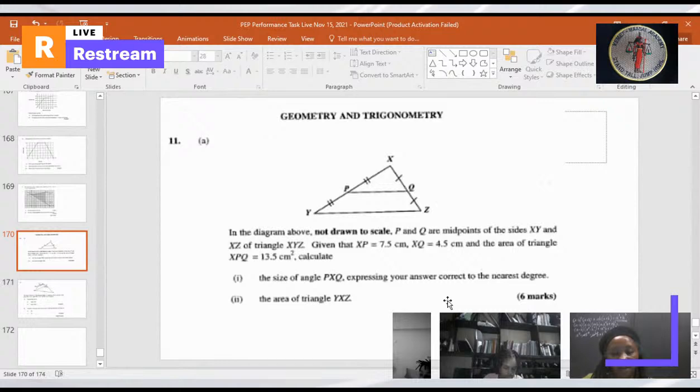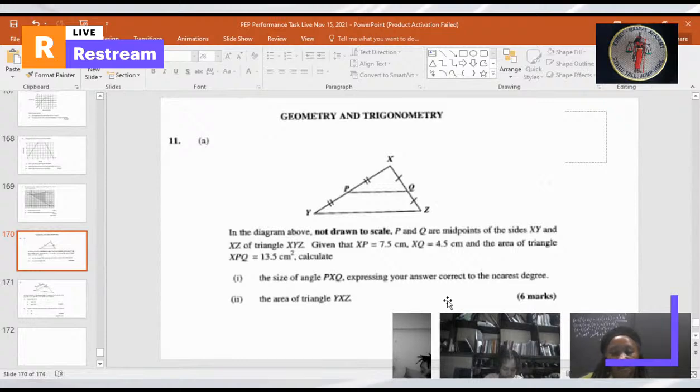Another way would have been, since we know that the two triangles are similar and the big one is twice the length of the small one, if we know the area of the small one, the big one would be the area times the square of the scale factor. So the scale factor is 2 because the length is twice the small one.